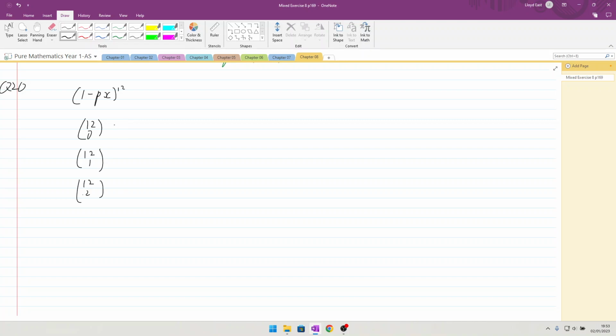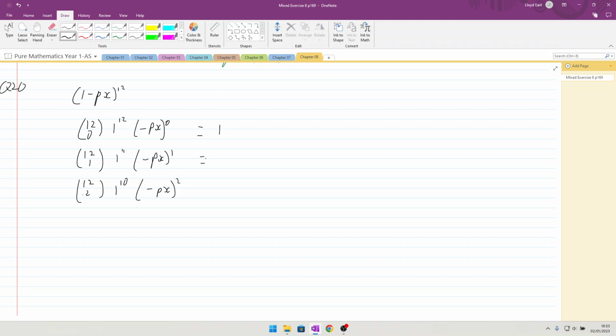And that's going to be 1 to the power of 12, 1 to the power of 11, 1 to the power of 10. Okay, and then we are going to have (minus px) to the power of 0, (minus px) to the power of 1, and (minus px) squared. So the first lot is equal to 1.